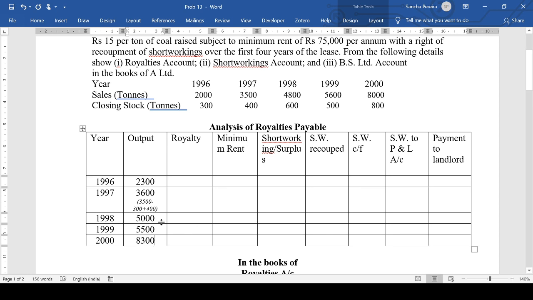Good. Any questions? Those online, any questions with regard to this? This is the only difference in this problem.